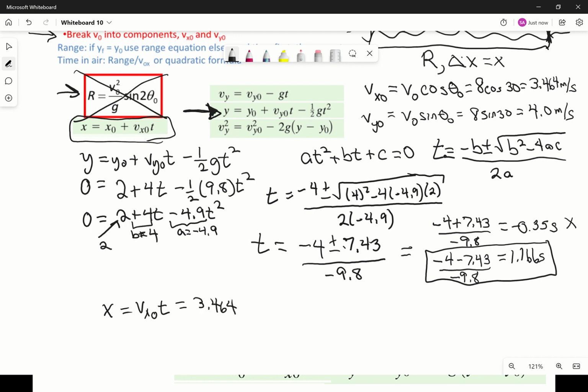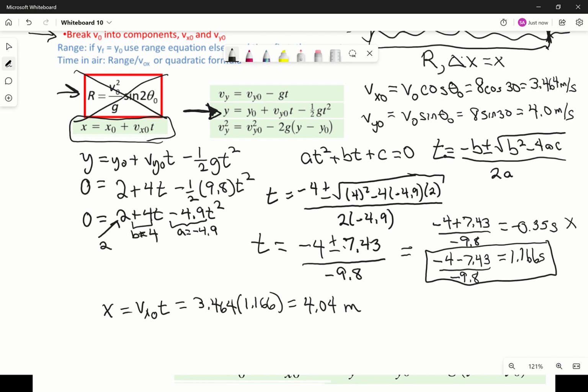So again, we solve for vx0 initially. You're always going to need it when you solve the problem. And then times t, 1.166 seconds. And if I plug that in, I get a distance of 4.04 meters.